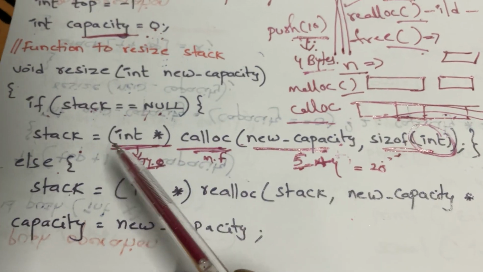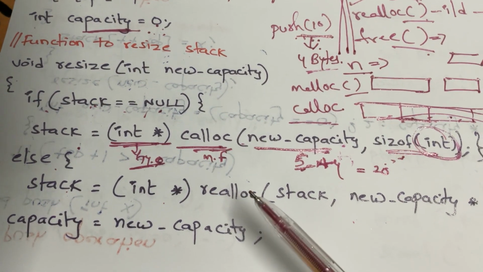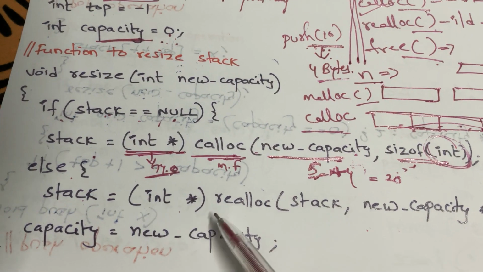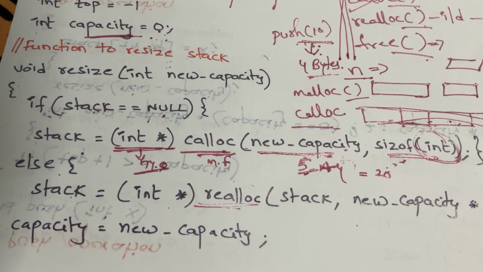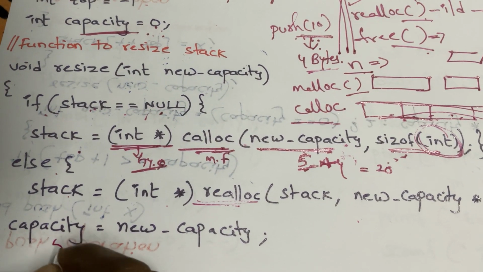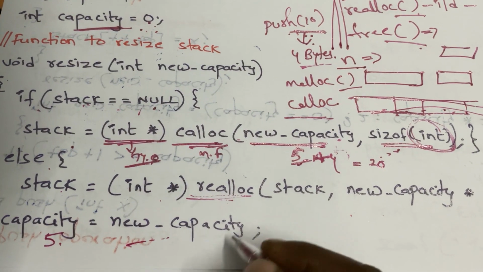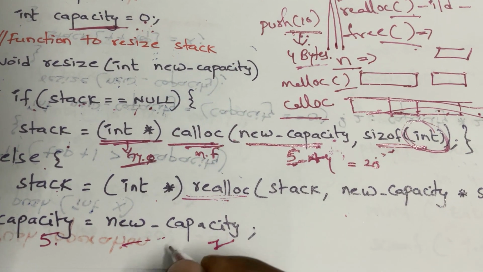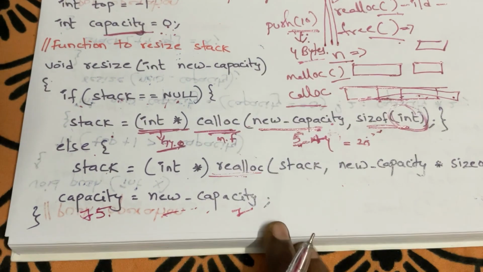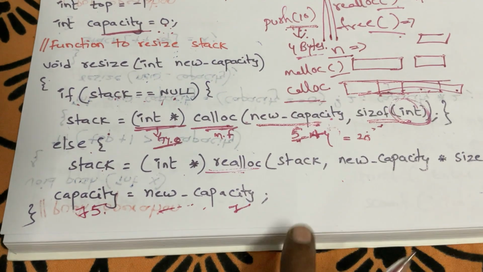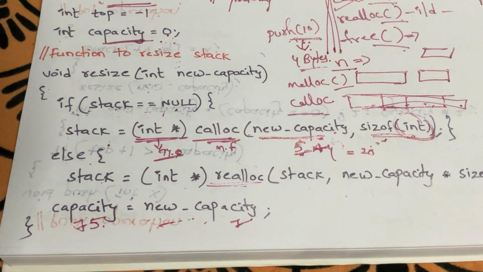When the stack is full of elements and I still want to push elements, then I have to use realloc according to the new capacity. Let's say the initial capacity is 5, and the new capacity I want to take is 7. So now the capacity value is updated to 7. You can only notice this function.